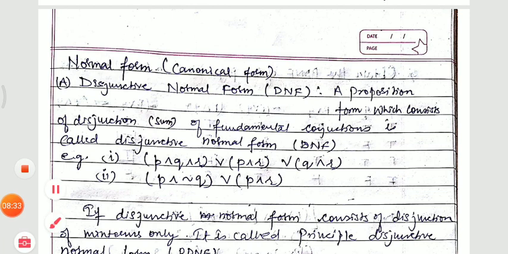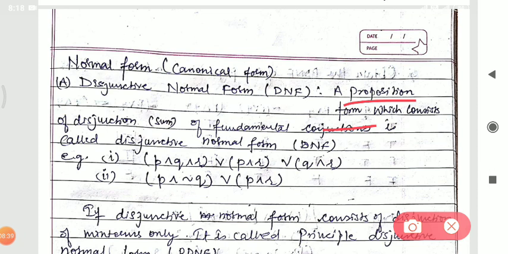A proposition form which contains a disjunction, means a sum of fundamental conjunctions, is called disjunctive normal form. First of all, a proposition form, means an expression which contains a disjunction, a sum of fundamental conjunctions, is called disjunctive normal form.